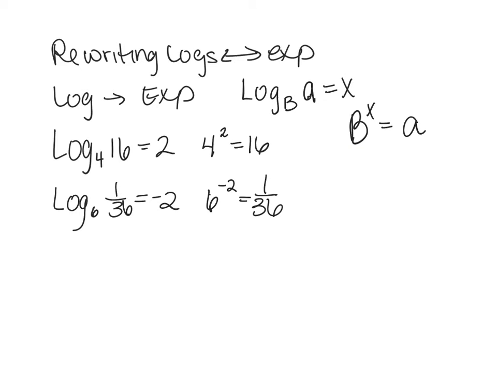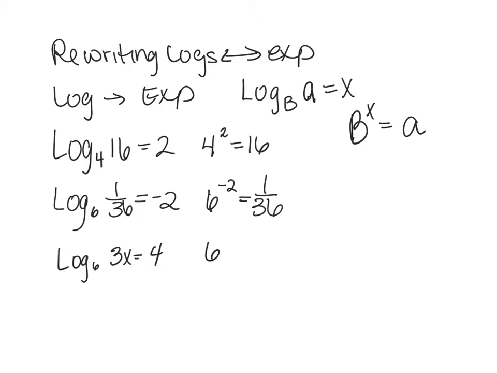And then we can get into rewriting expressions that have variables in them. The log base 6 of 3x equals 4. Well, the base of the log is the base of the exponent, so 6. 6 is the base of my log, 6 is the base of my exponent.